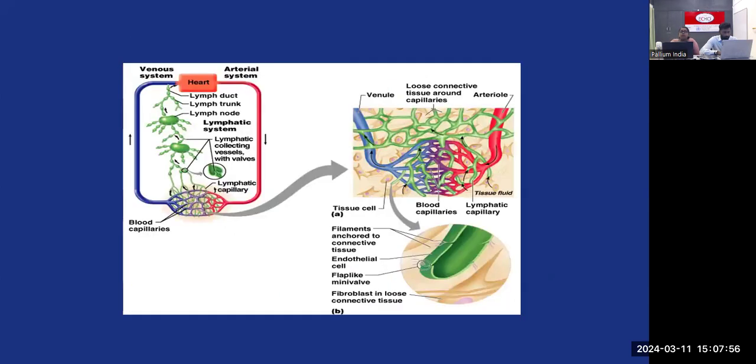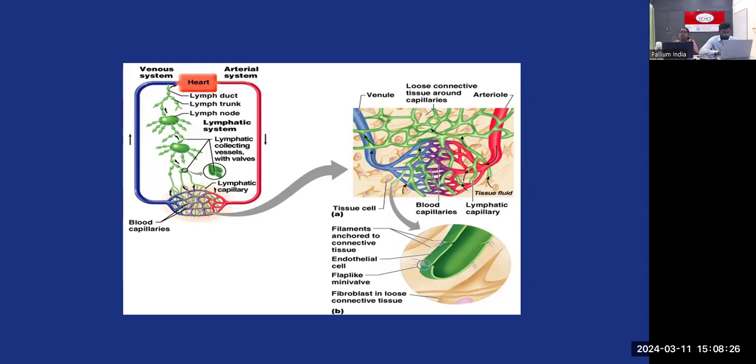So coming to the interstitial space. As I mentioned earlier, there is a connection between the arterial capillaries and the venous capillaries. Whenever they are communicating together, because of muscle movement, there is a chance of leaking of fluid-like substance into the interstitial space.